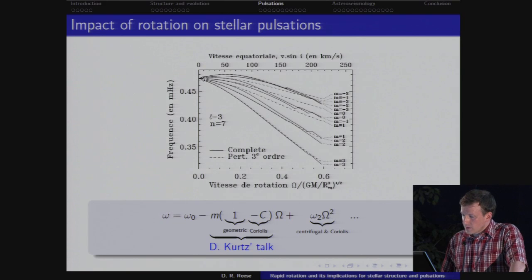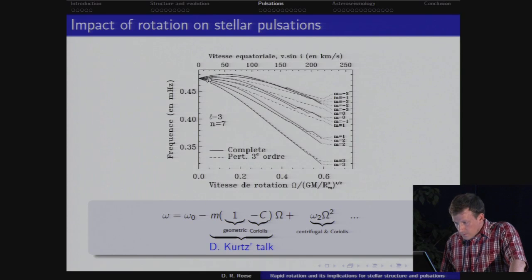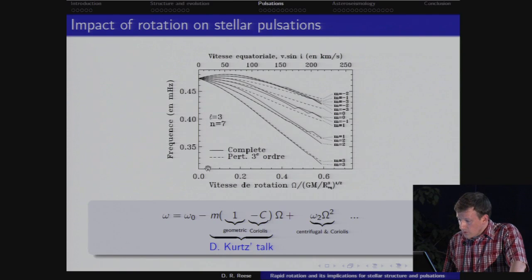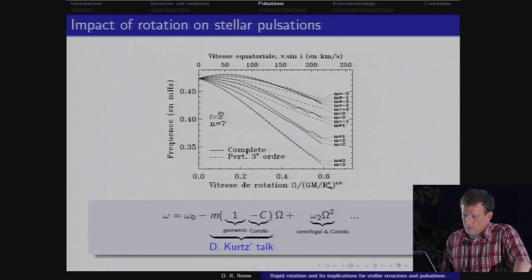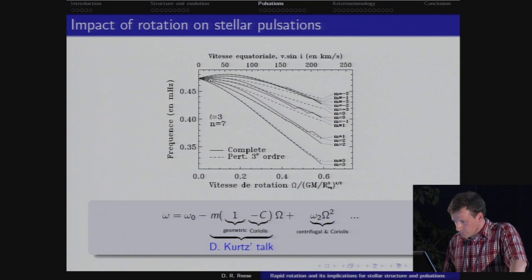But as you increase the rotation rate, you'll get distinct frequencies, which are separated by what is known as the rotational splitting. At low rotation rates, this will be a uniform splitting between the different modes, provided that the rotation profile doesn't depend on latitude.